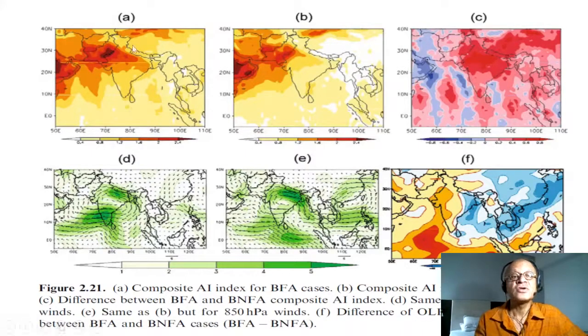So the aerosol loading here is much higher, which results in a circulation that is feeding back, in the sense that this anticyclone is going to favor aerosol retention and loading, and that's going to enhance the heating.